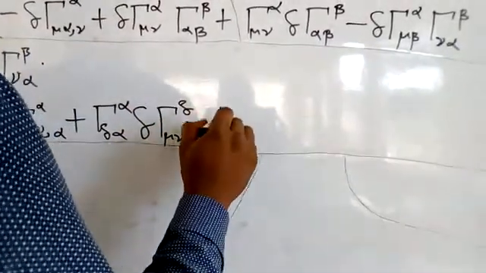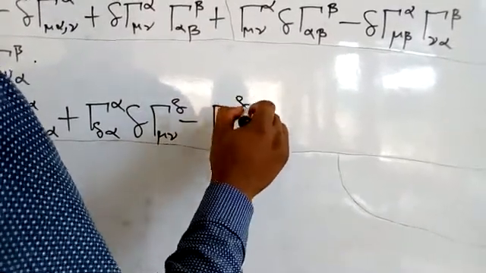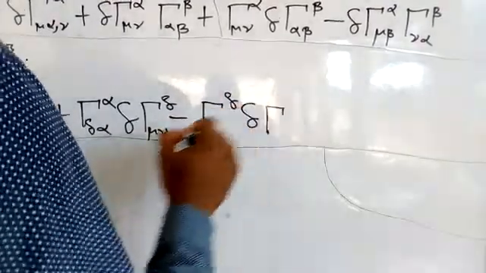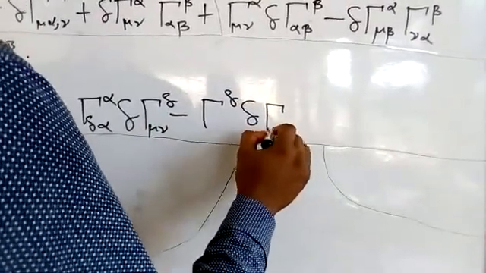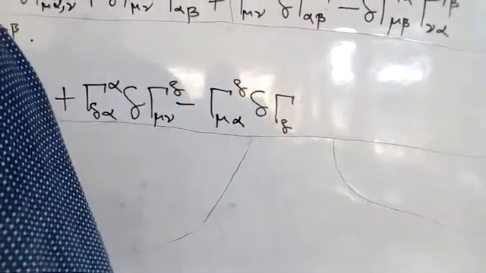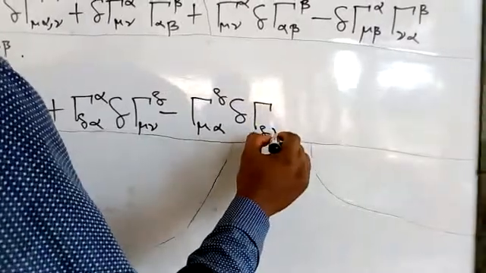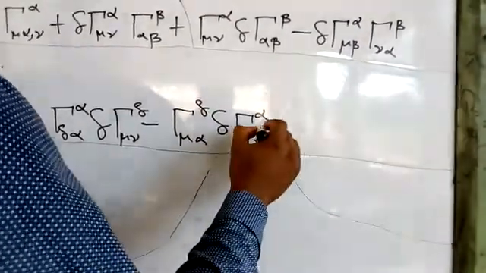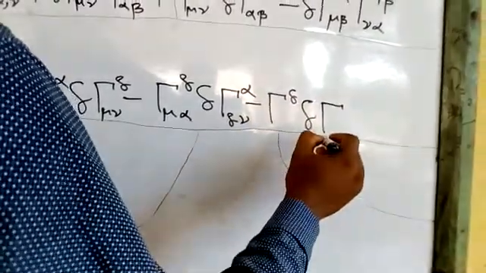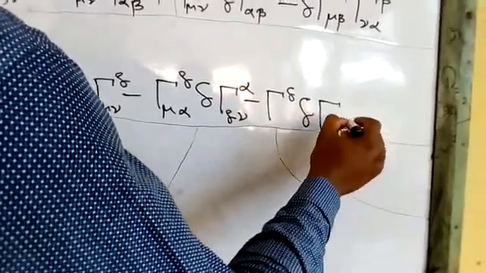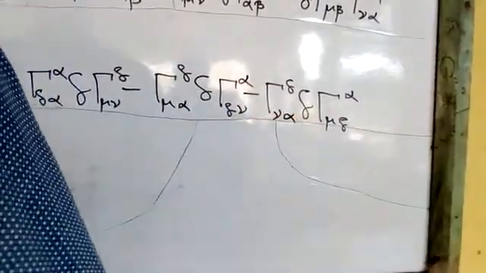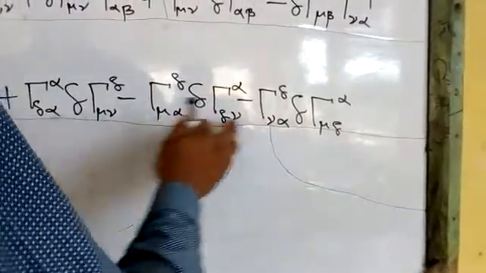Minus, contracting the lower index, or one of the lower indices, I have here delta, and then of course the variation, and one of those indices is mu, so that will be replaced with delta, mu stays here, and alpha comes over. And then the one that I'm not contracting is nu and alpha. Then minus another contraction of the lower index, and what I'm contracting this time is nu, so mu stays as it is, alpha also, but nu comes over here, and then I should get an alpha too. So I have here three indices contracted.